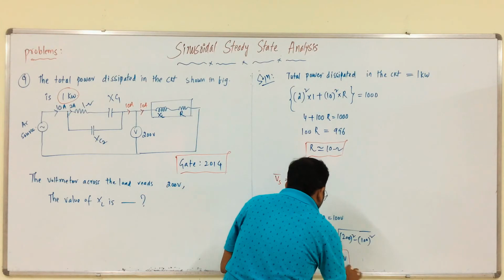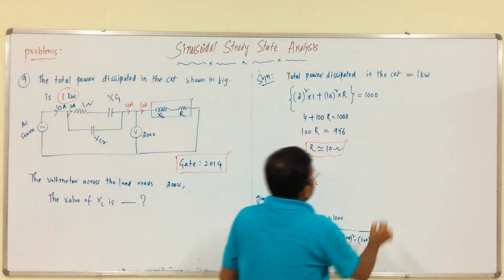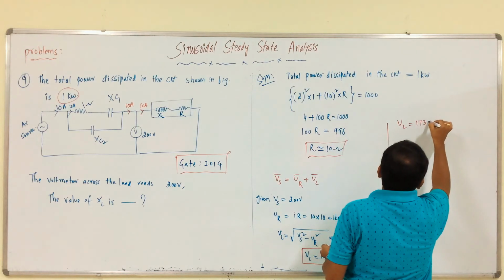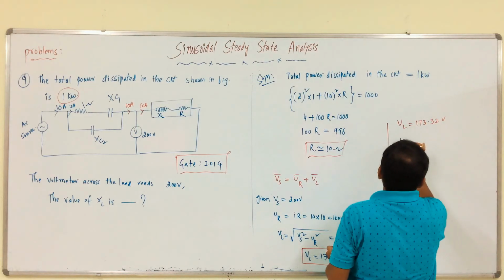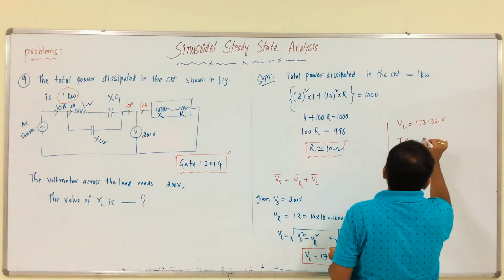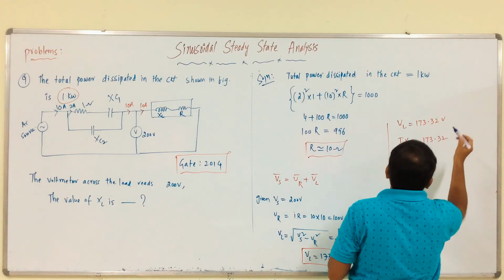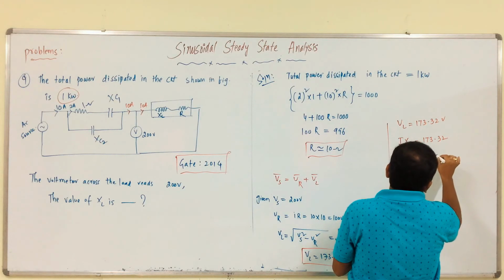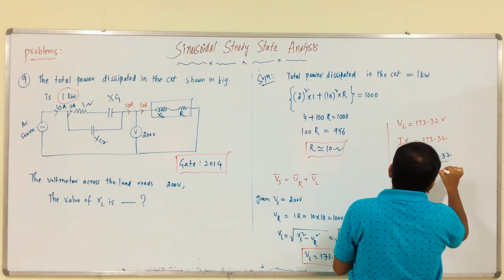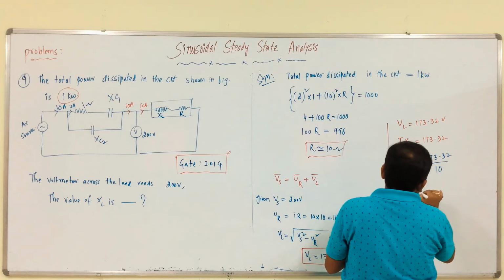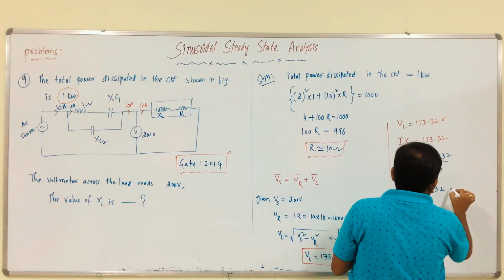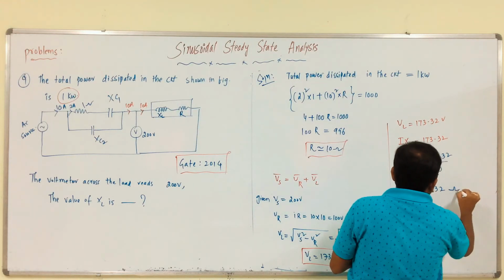We know that VL equals 173.32 volts, which is nothing but I into XL. From this, XL equals 173.32 by I, which is 10. Therefore, XL is 17.32 ohms.